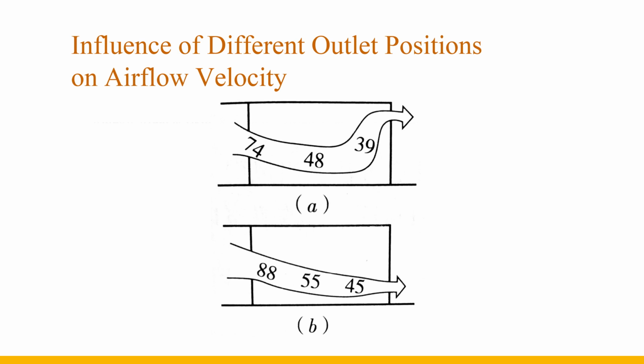The wind speeds at the inlet, inside the room, and at the outlet in the picture are 74%, 48%, and 39% of the outdoor wind speed respectively.